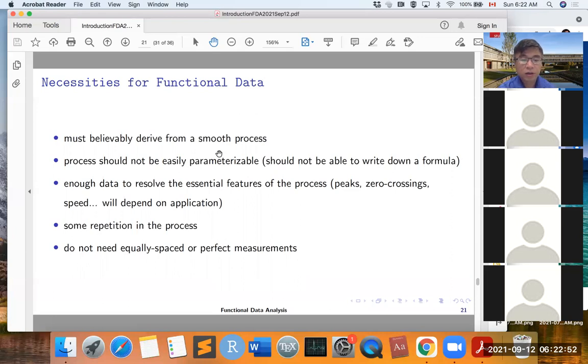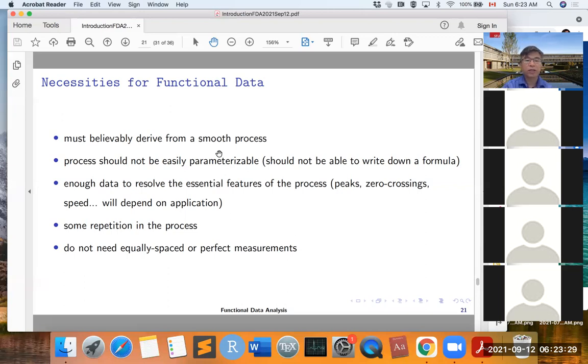In some cases, like when we have discrete data, for example data coming from a Poisson process, the data may not be as smooth, but we can view the process as coming from a discrete process, where the underlying function is a smooth function. So that's another way to deal with the smoothness of the process.